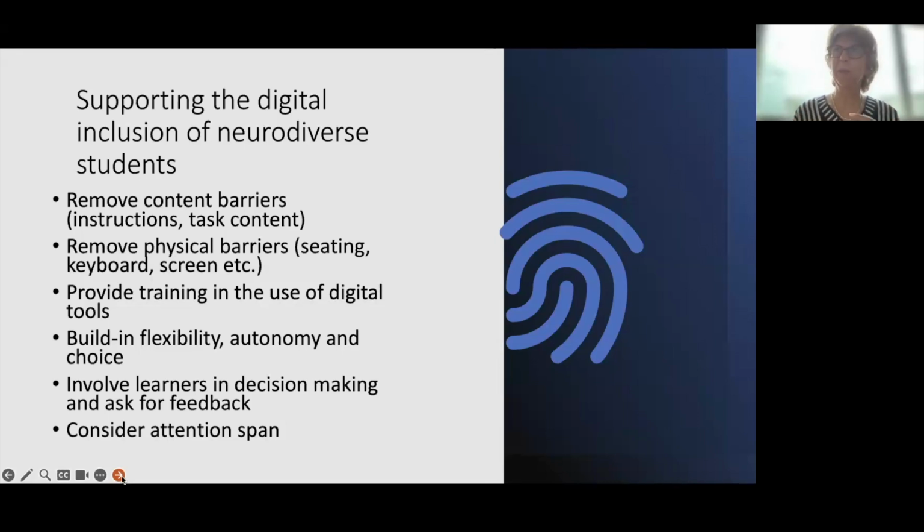Again, getting us back to the beginning of the talk where I highlighted that training is really important, building in flexibility and autonomy and choice in how digital technology is used, and involving learners in decision making and asking their feedback on what digital tools work for them.